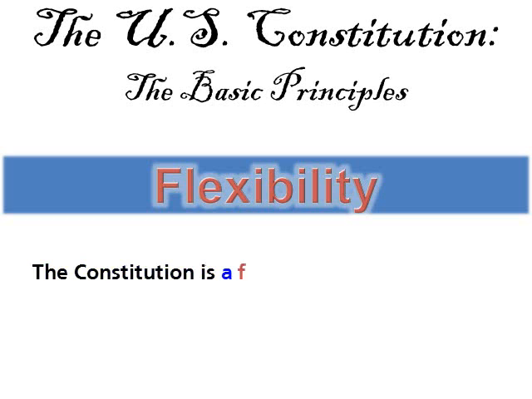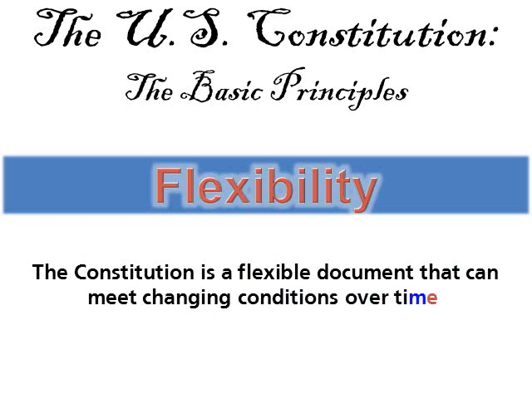But flexibility, when we're talking about the Constitution, means that this document is a flexible living document that can meet the changing conditions over time. The Founding Fathers created a document that could change and could adapt to society changing as well.